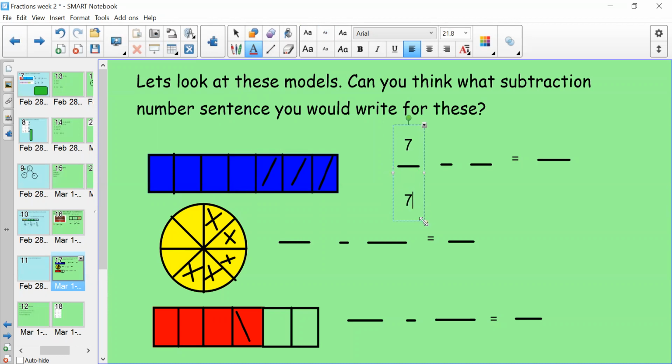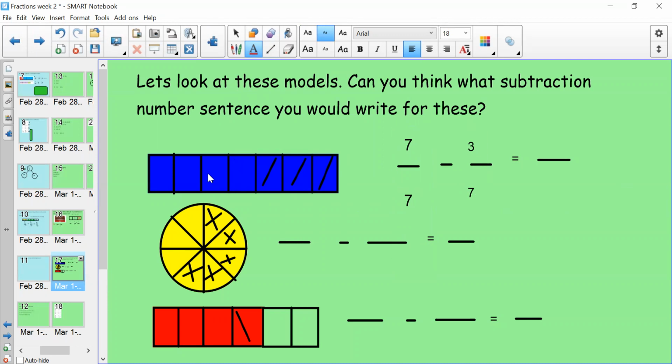And then, how do we know what has been taken away from this fraction? So you can see here that it has been crossed out. So we've got 1/7, 2/7, 3/7 have been crossed out. So we would subtract 3/7. And then how much is left?